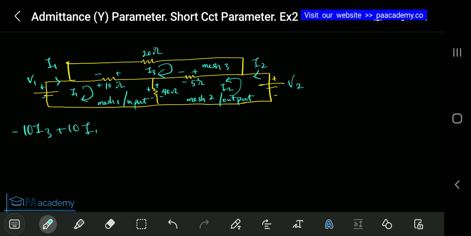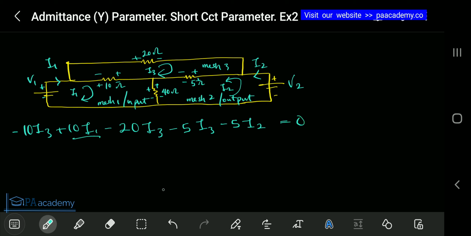So then for the 20 ohm resistor, so this will be plus and minus, so it will be minus 20i3. So the next one is the 5 ohm resistor from positive to negative, so that will be minus 5i3, and also from positive to negative due to I2, so that will be minus 5i2 equals to 0. Okay, so now let's tidy this up.